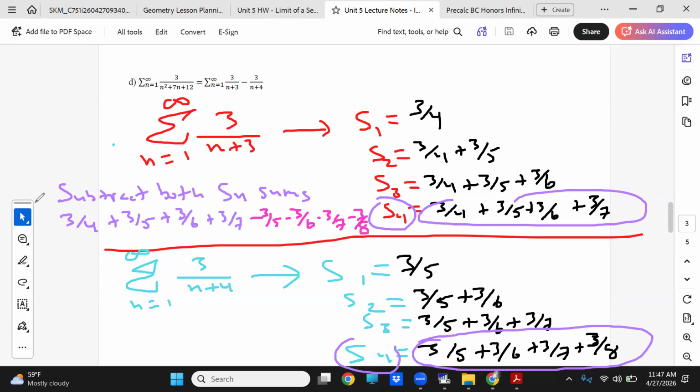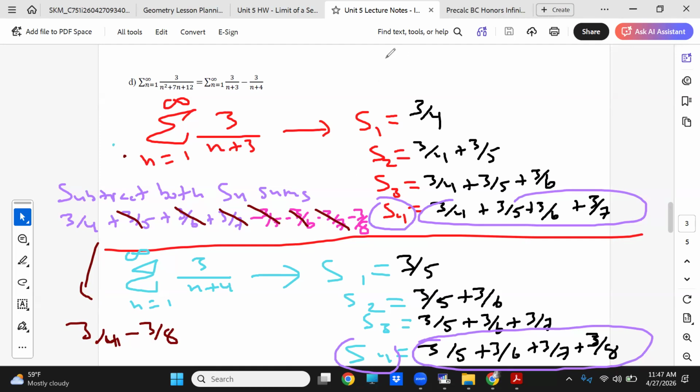So a whole bunch of things cancel. What cancels? What are you stuck with? So essentially that becomes 3/4 minus 3/8.